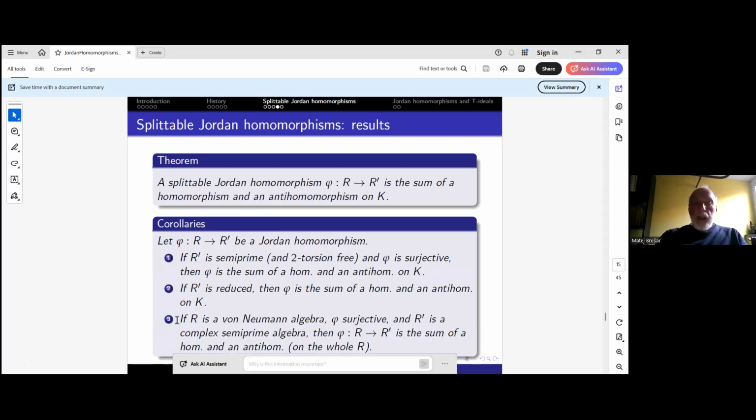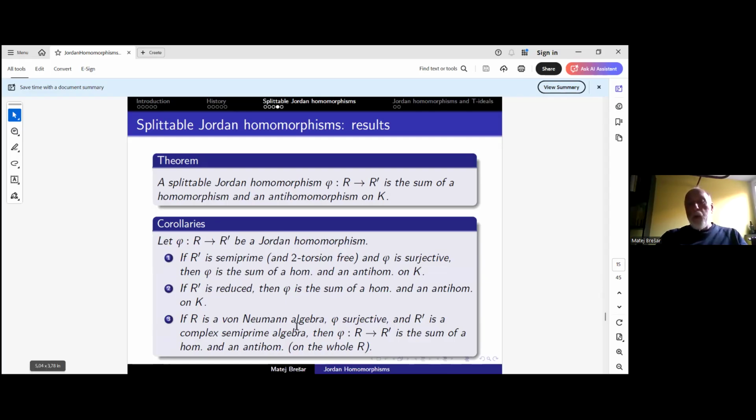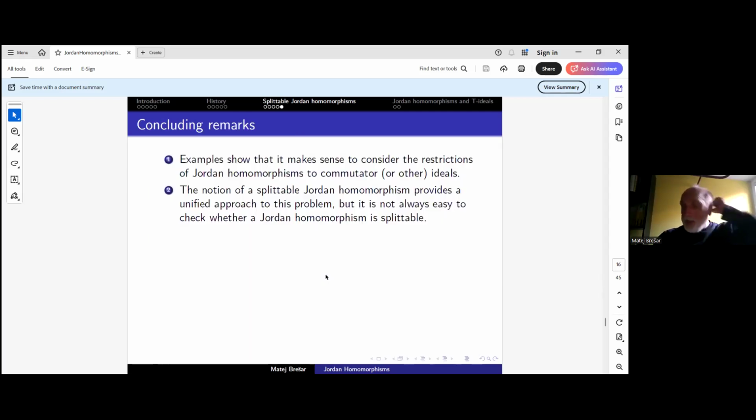And this final result, the third corollary, is a generalization of Cadison's theorem on the sister algebras. There are more corollaries, but let me just conclude by saying that this paper shows, first of all, that it is natural to consider only the restrictions of Jordan homomorphisms to commutator ideals, because of examples.